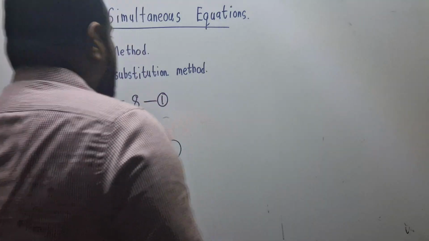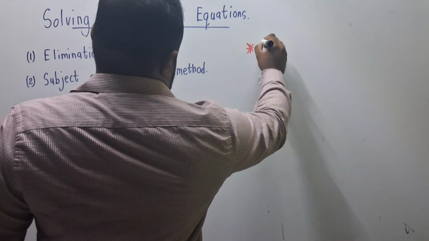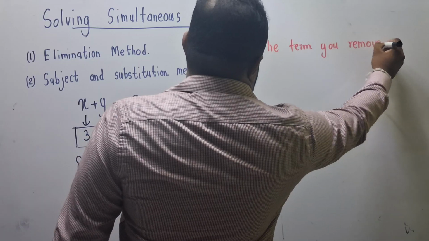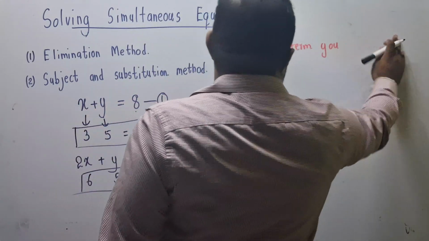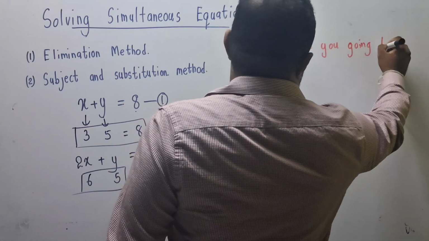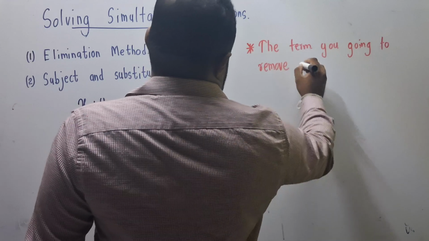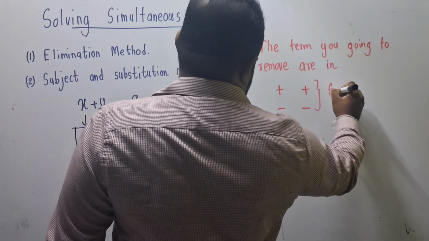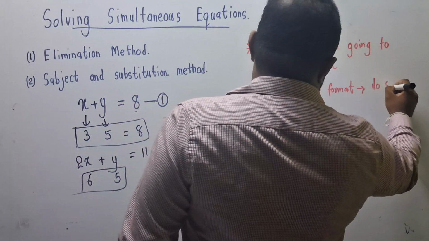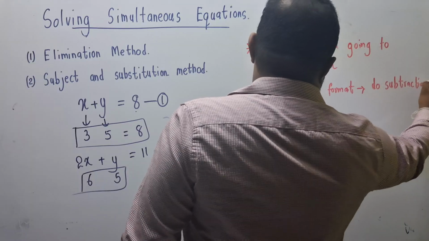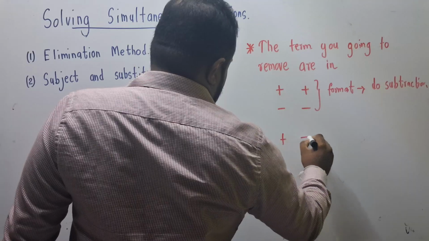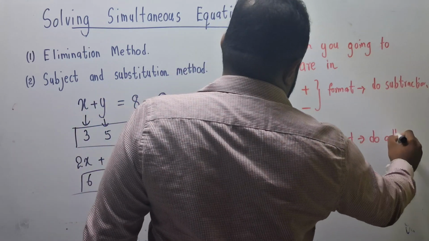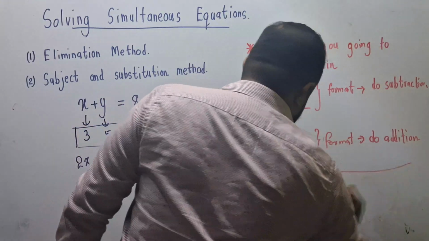If the terms you intend to remove are in plus plus or minus minus, the same sign format, what you have to do is subtraction. If the terms you are going to remove are in plus minus or minus plus, a different format, do addition to eliminate.